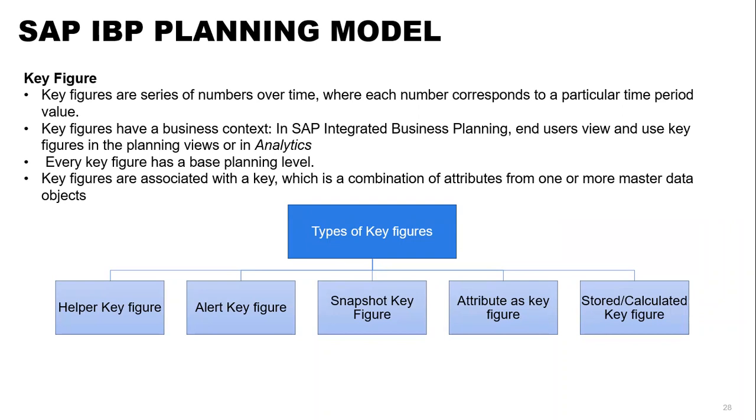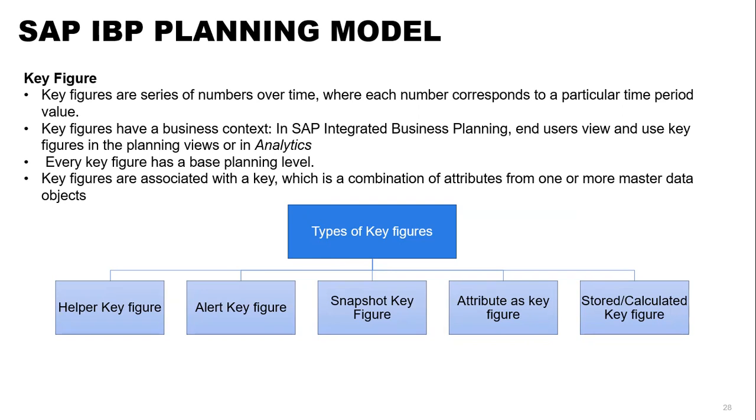So my corrected sales history is dependent on my sales history. By doing some calculations on the sales history, I am getting the corrected sales history, right? I don't key this in; it will come depending upon the calculation definition I have defined for the corrected sales history. It will automatically generate if I upload the sales history.